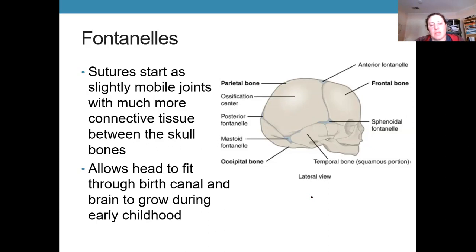So we need babies to be a little squishy to make it out. And then the other thing is that brains grow during childhood, especially in the first few years. And so we need that skull to be expandable. And then once the brain and the skull get to basically an adult size, those collagen fibers can shrink and the fontanelles can close, and then we end up with actual sutures.